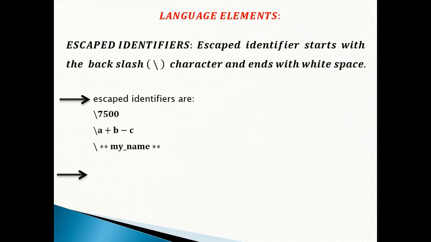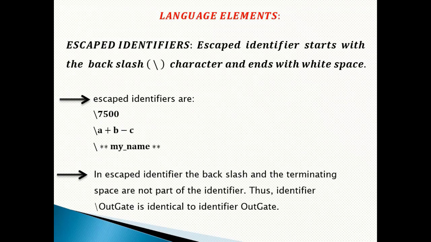You can see some examples for escaped identifiers: \7500, \a+b-c, etc. All printable ASCII characters can be included in escaped identifiers. The leading backslash character and the white space at the end are not considered part of the identifier. Thus, the identifier \outgate and outgate are identical.